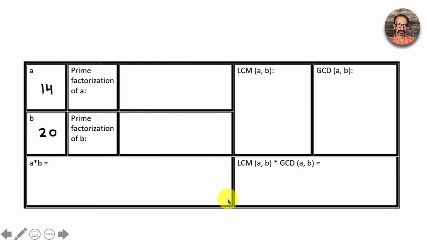14 and 20. That's 14. That's 20. Now I did not display the 5 to the power 0 or the 7 to the power 1 or 0 here. We know what we're doing now. Let's move a little bit faster. More 2's, the higher in 5's, the higher in 7's, and that's 140.